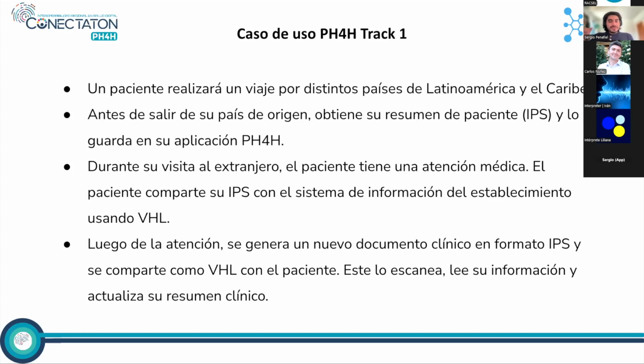Until the previous session of the application, we covered the first 3 bullets. We could get the IPS, save it in the application, and create the VHL with the resources desired. And now we're going to focus on the last bullet, which is the new update, and that is how to scan a VHL from a new country and to merge it with the IPS information that we already have.